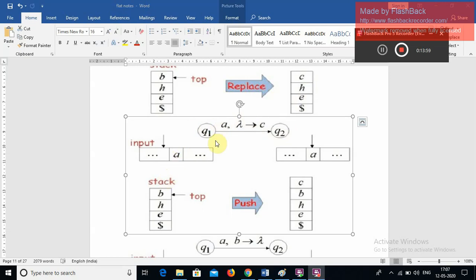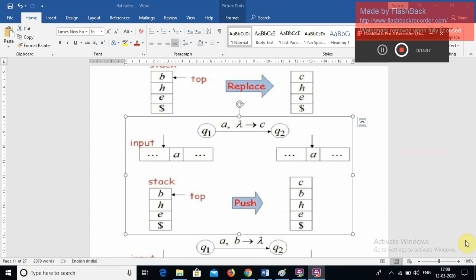So A is from input, and lambda as the top of the stack, and C has to be replaced. Please understand here. Lambda in place of B means we don't want to pop anything from the stack. We can directly push the C into the stack. Okay, here you can observe. Already we have a B here, and with B we push C here. So lambda means nothing we can pop from the stack.